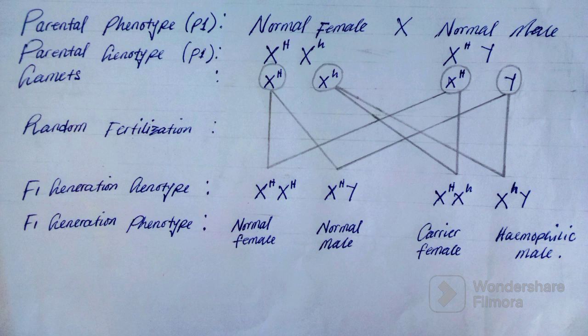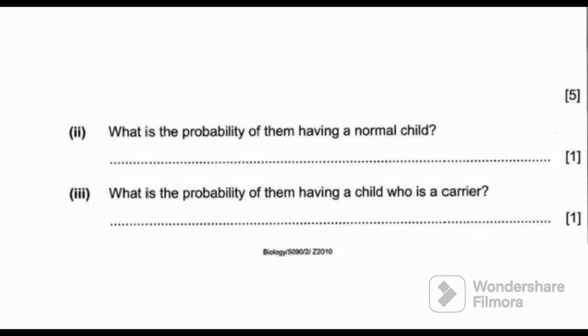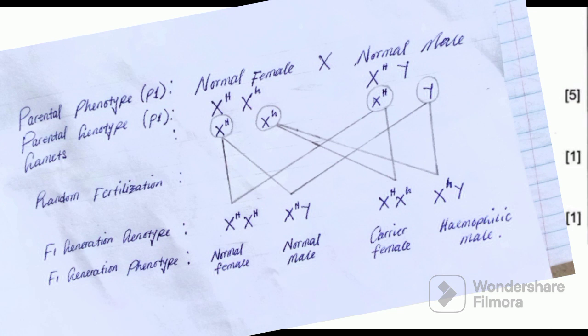The question is, what is the probability of them having a normal child? Probability is expressed in the form of a fraction. Having a normal child, even a carrier is also normal.